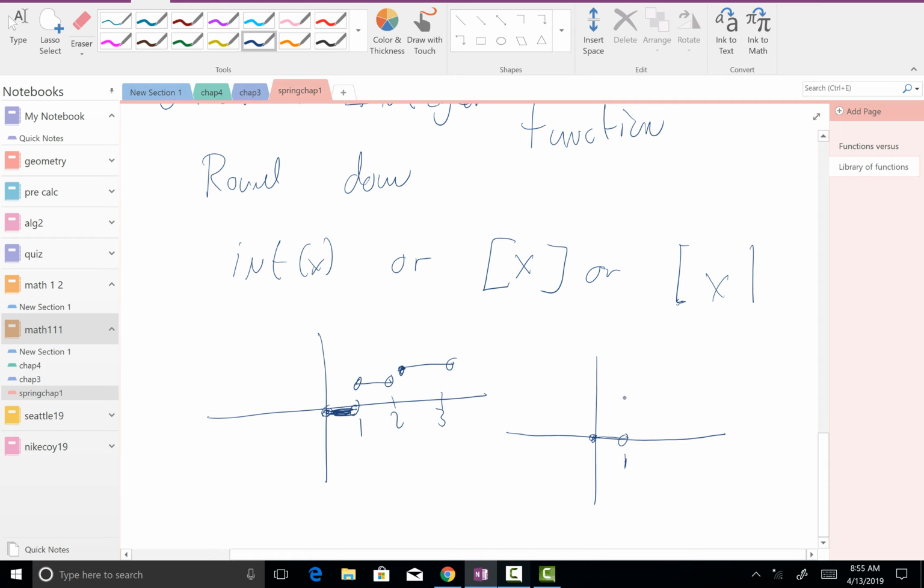There we go. That's better. If this is solid, and this is solid, then we have an issue because it's not a function, right?